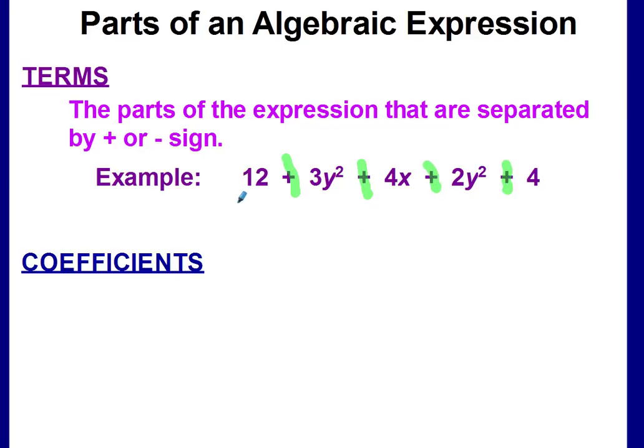So when you look at this, 12 is a term, 3y squared is a term, 4x is a term, 2y squared is a term, and 4 is another term.